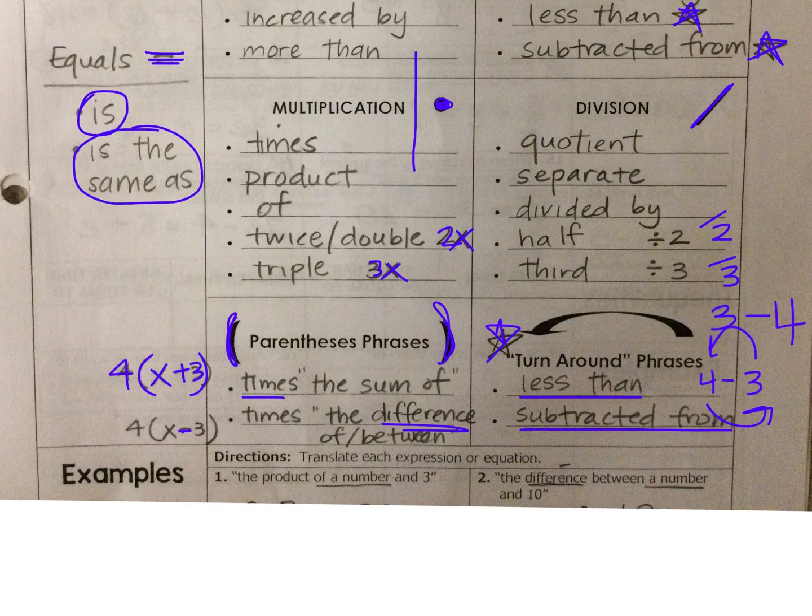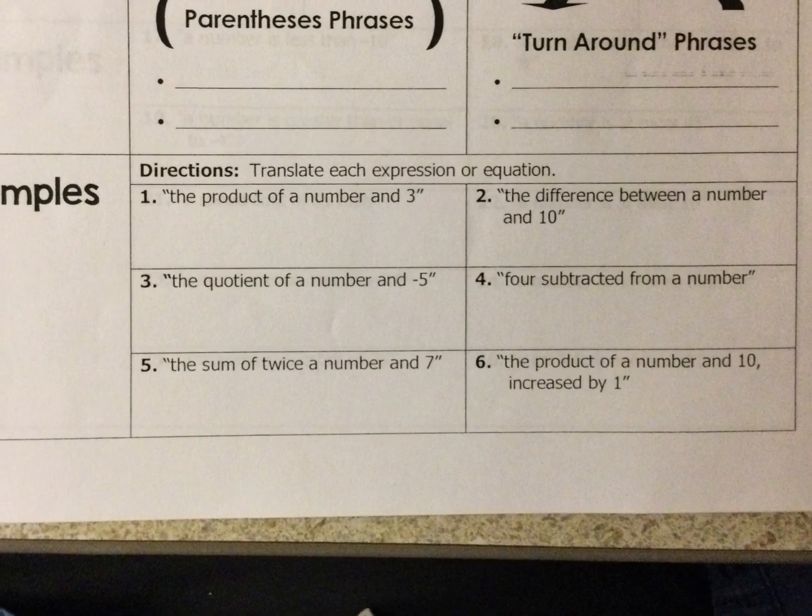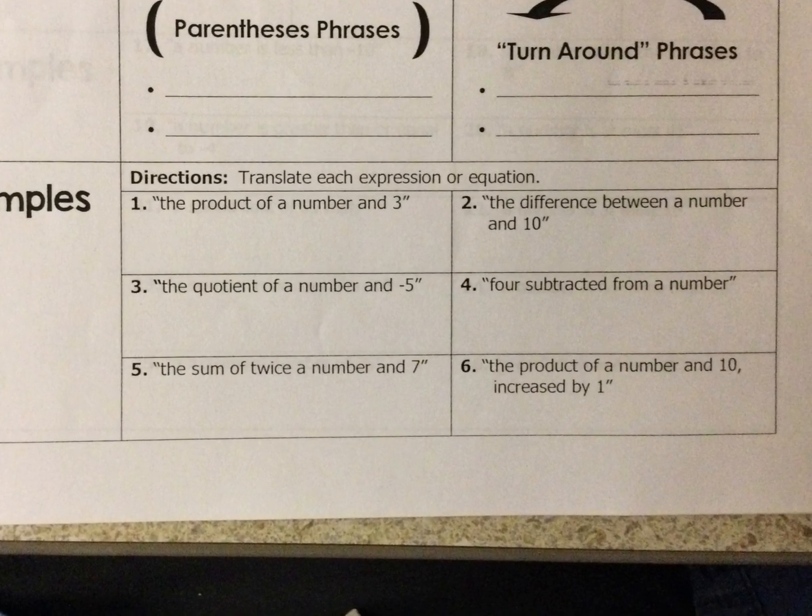Now look at the bottom of this page, and we are going to do these practice ones together. The first one says the product of a number. When it says a number, we're just going to pick a random variable or letter to be that number. So let's use N. Product means multiplication.